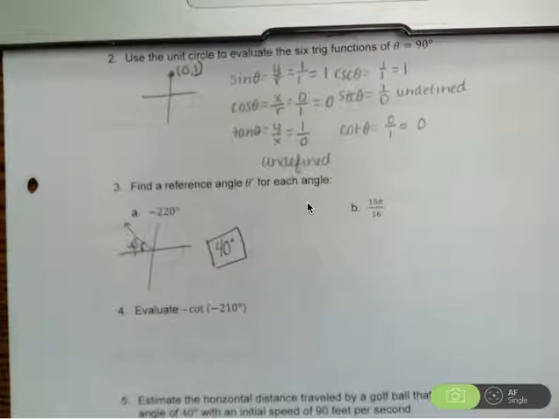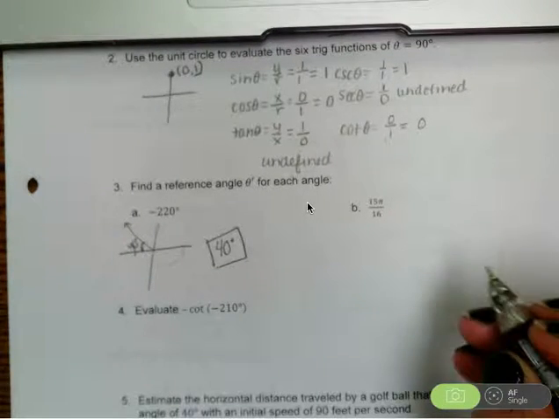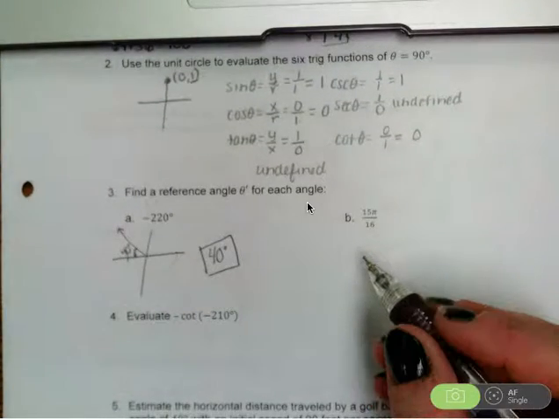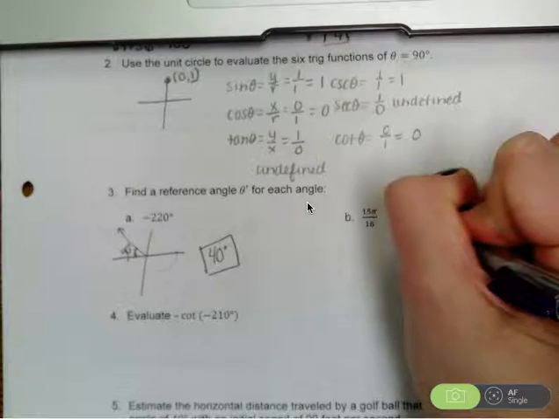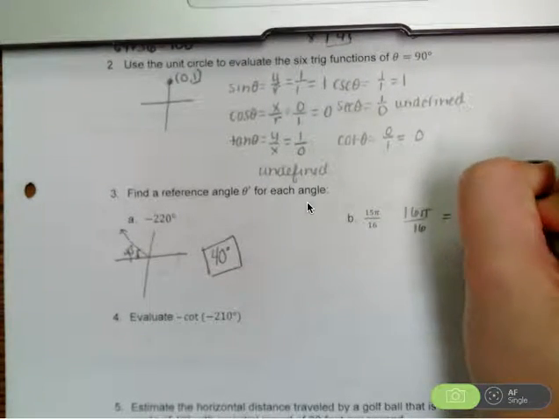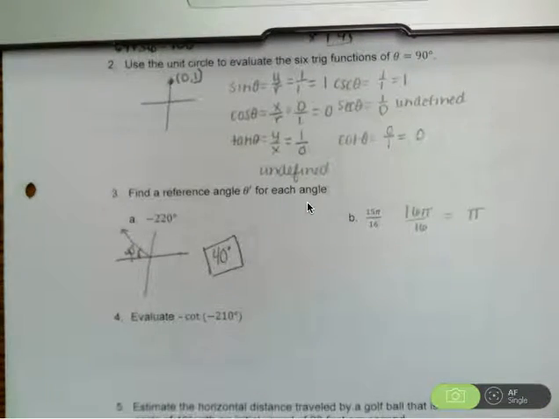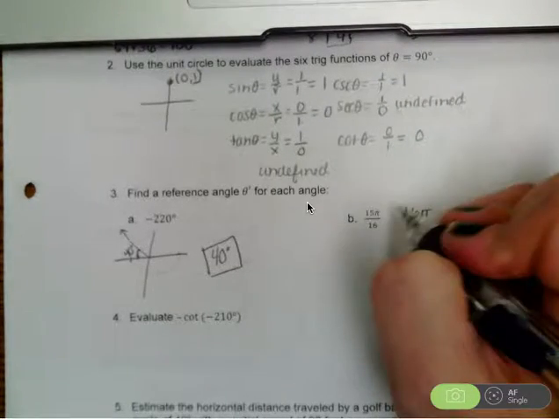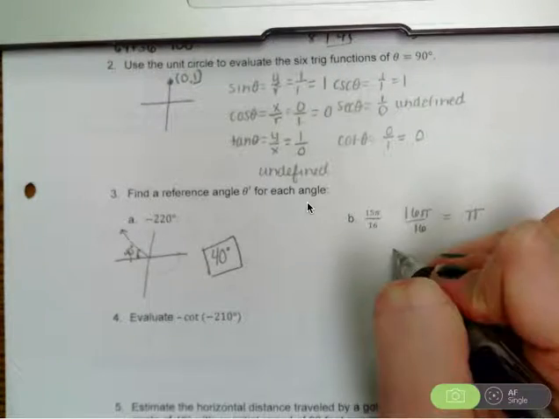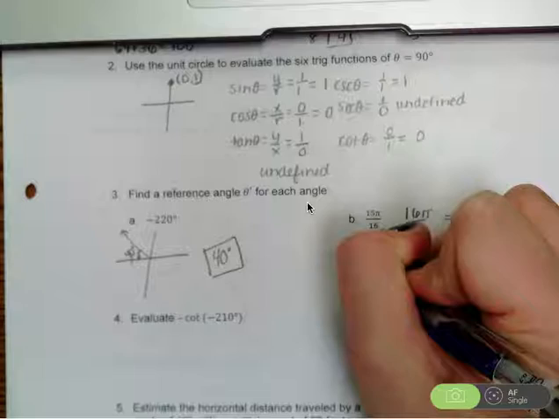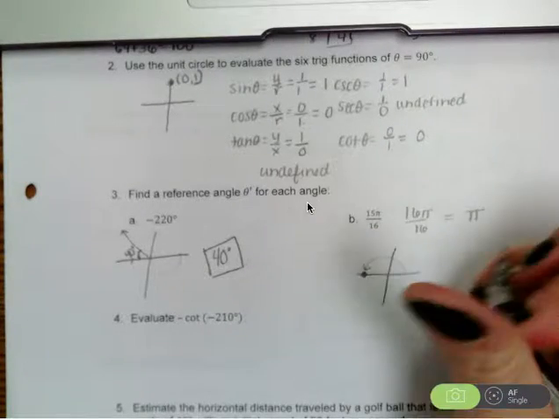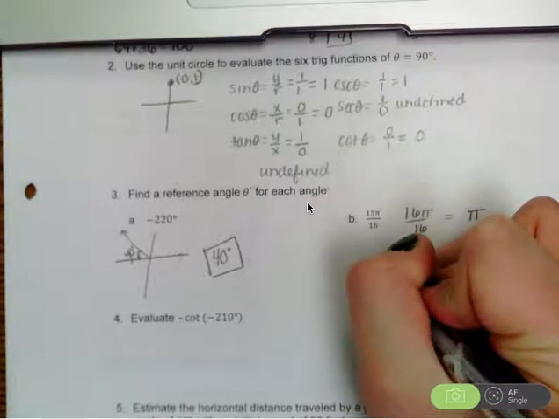If you've got 15 pi over 16, the way that I look at this is, if we had 16 pi over 16, that would be just pi, right? And so we're very close to pi, but not quite there yet. If we're going this way in the positive direction, pi is over this way, so we still have a little bit of ways to go.